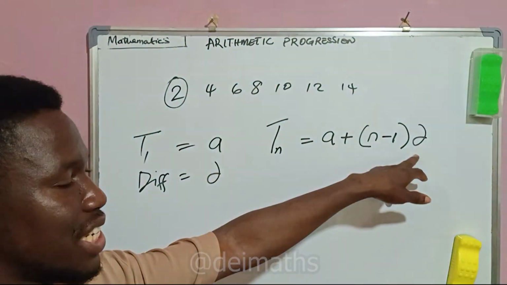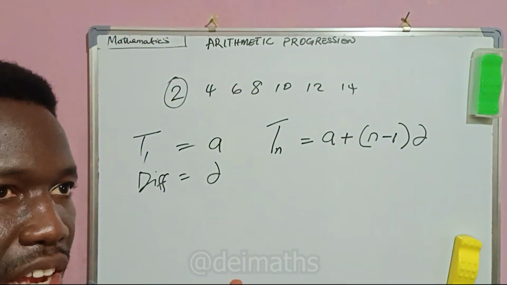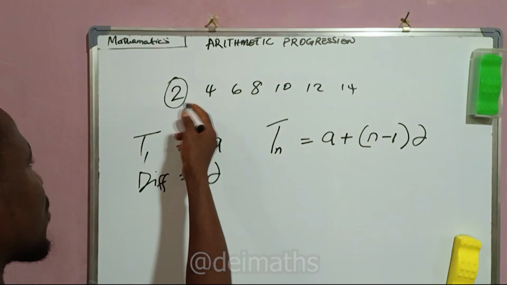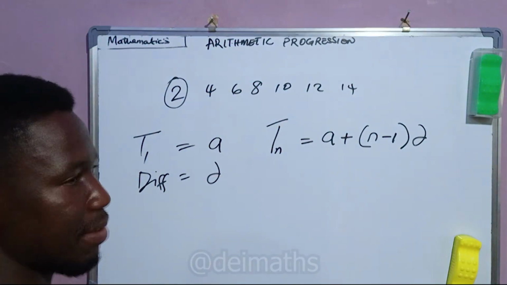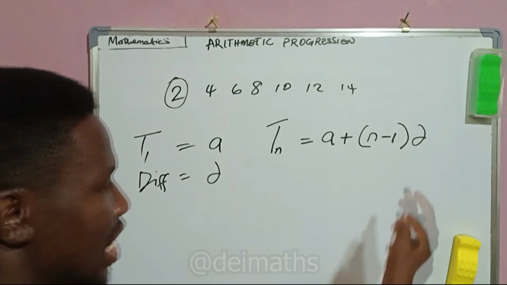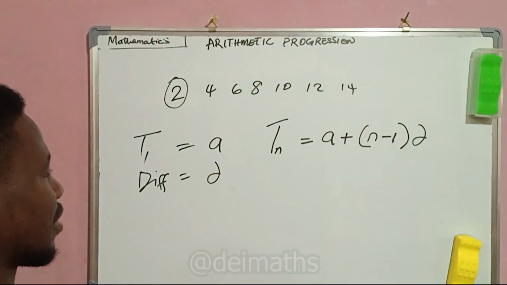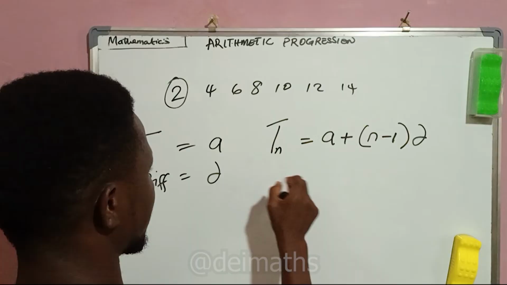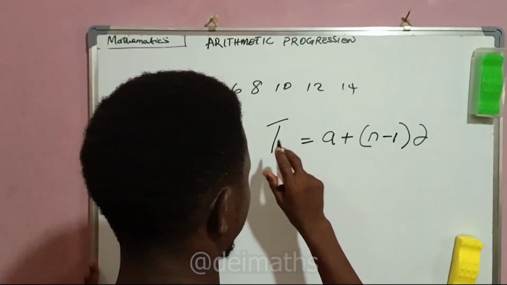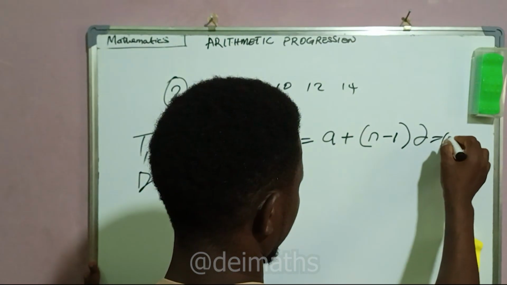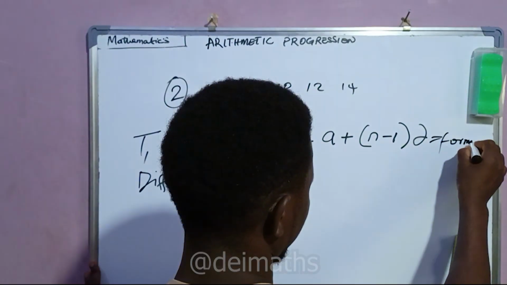Now, your D is the difference. How do you get these consecutive numbers? What number do you add to each of them to get the next one? That is your D, the difference. This is the first formula, the formula for finding the nth term.